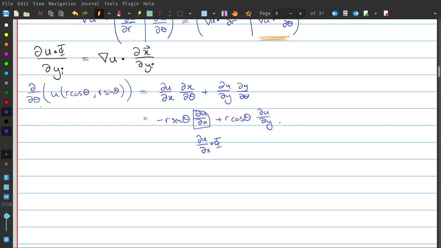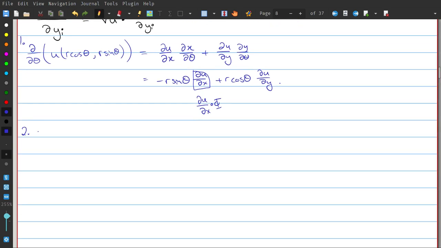Let's look at the second case, which is the second partial derivative with respect to t of f of x minus t squared. This is a very common situation that happens a lot in this course as well, because we use this for the transport equation, and for the method of characteristics, and for the wave equation.